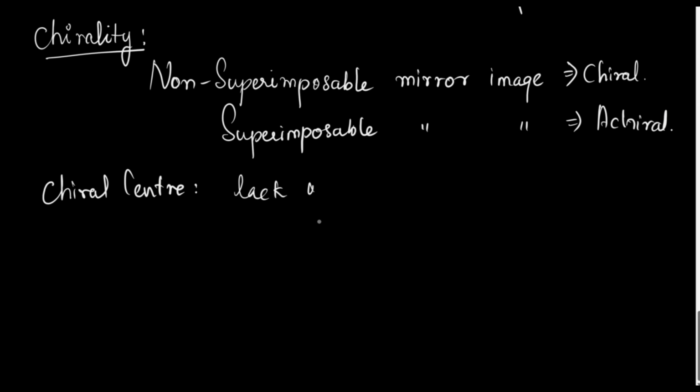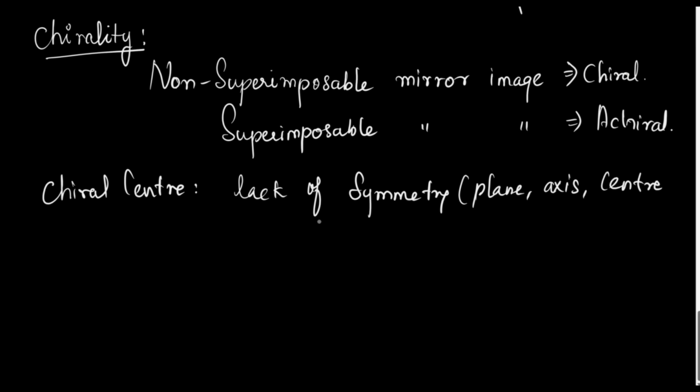Lack of symmetry. We do have plane of symmetry, axis of symmetry, and center of symmetry. Which lacks symmetry is an asymmetric carbon.